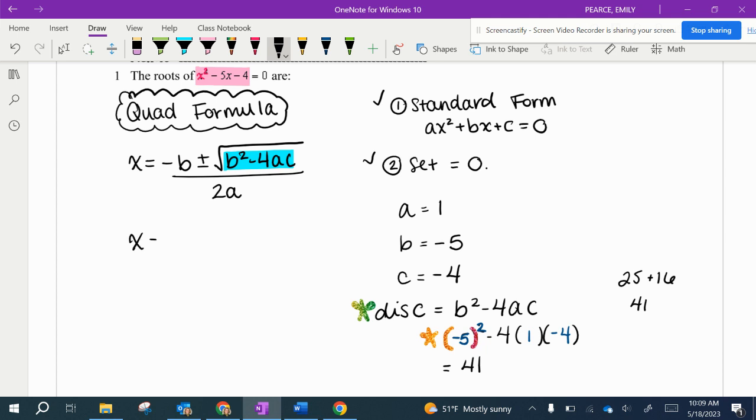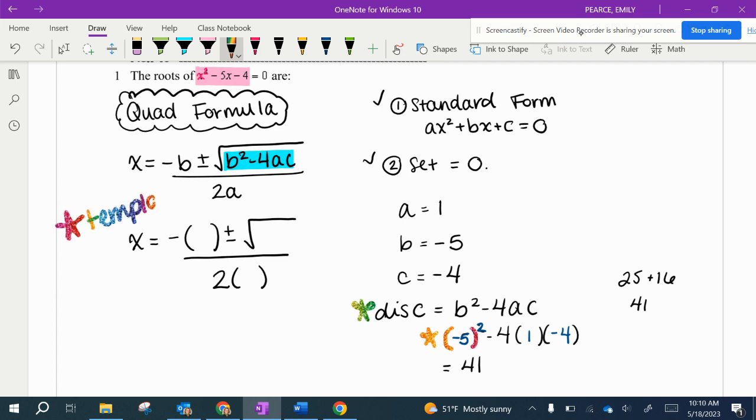So we're going to write x is equal to, now we're going to do the same thing that we did with the discriminant. Now we're just going to use the formula. So it's negative parentheses plus or minus the square root of all divided by 2 times parentheses. Do the template, okay? It's really helpful to do this before you just start plugging in values, because now it's really easy to see.